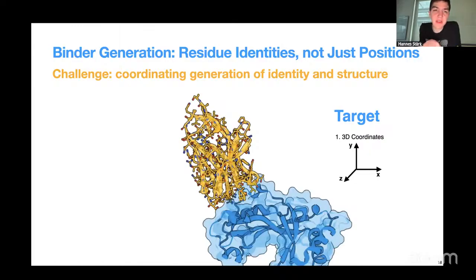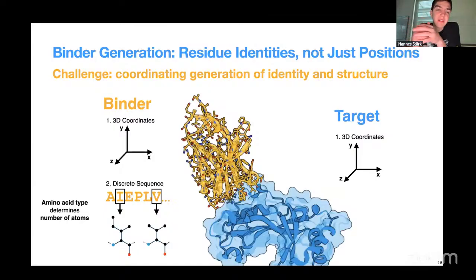We know what our target is. But for the binder, we're simultaneously generating 3D coordinates and a discrete sequence that describes this binder, because this protein binder's identity is described by a 3D structure and the sequence.